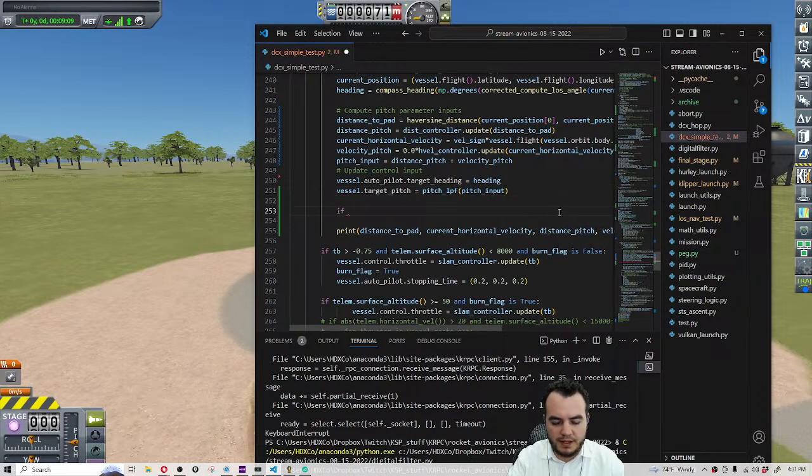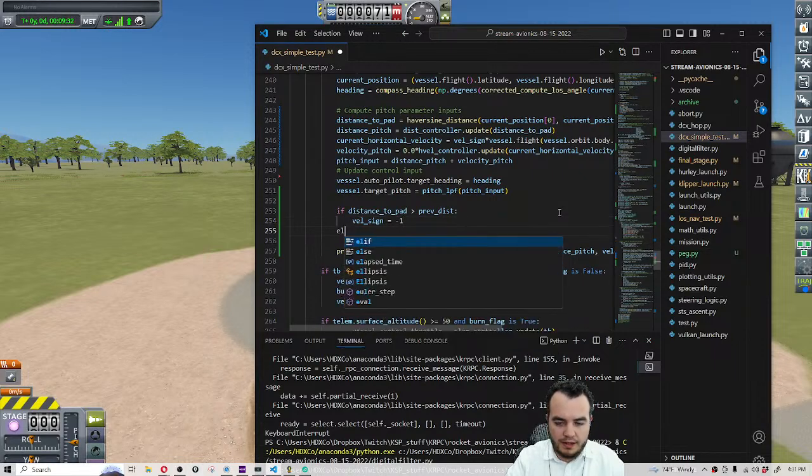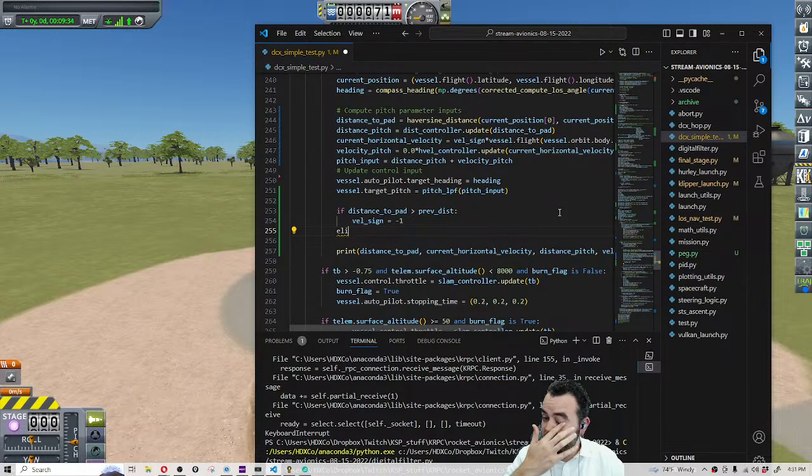So if our current distance to pad is greater than our previous distance, so if our current is larger than our previous, we're moving away. So then velocity sign is going to be equal to -1. And then else if, or I guess it could just be else, right?